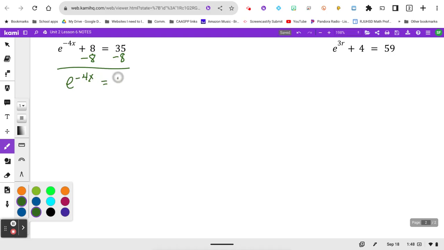We get 27. We're going to do the natural log on both sides. That will get rid of this. And we get negative 4x equals the natural log of 27. And we divide both sides by negative 4 to get x. And when we put it in our calculator, don't forget to put in the parentheses, so you actually get the right number.